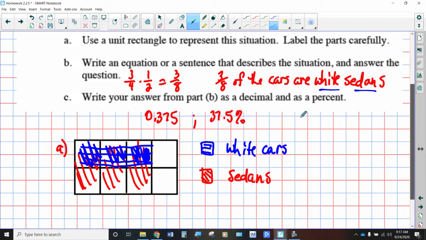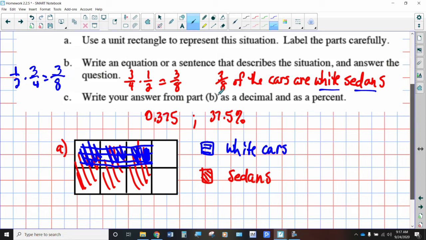Okay, so let's look at the equation that we use. 3/4 times 1/2, or we could have written it as 1/2 times 3/4. If you're thinking 1/2 of the 3/4 cars that are sedans equals 1 times 3 is 3, 2 times 4 is 8. So 3/8 of the cars are white sedans.